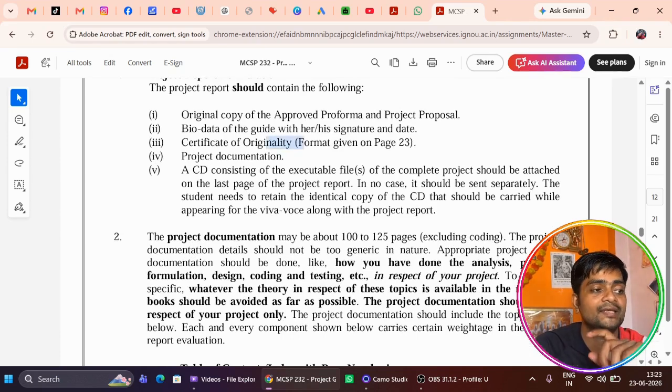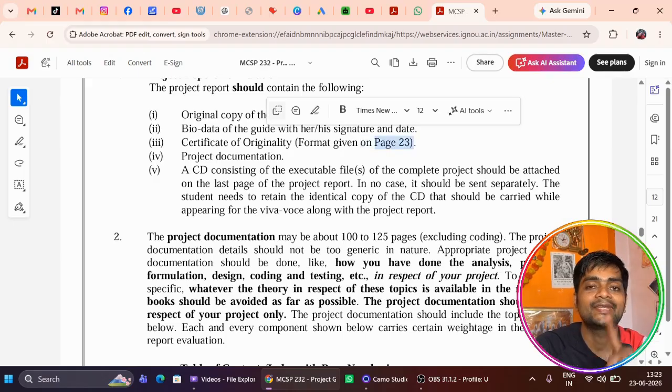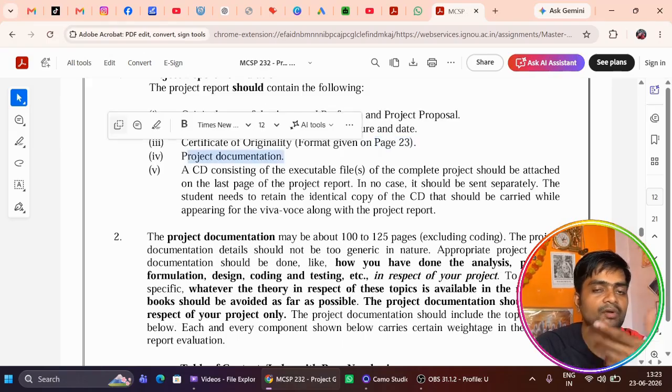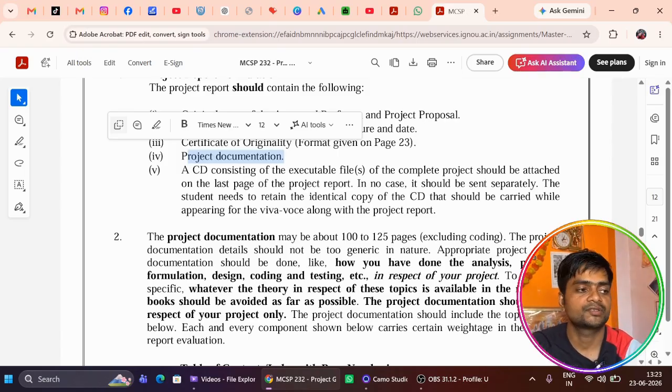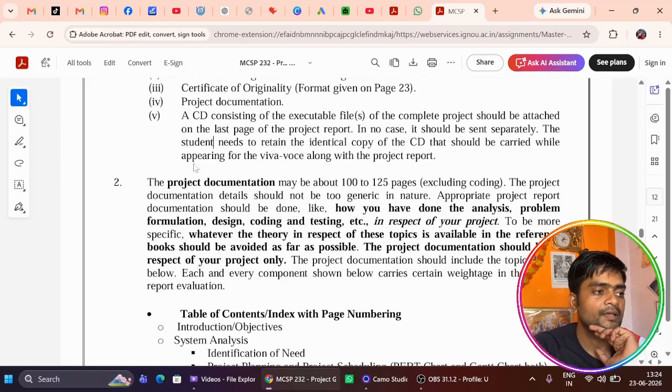Then the certificate of originality, this is an annexure you have to attach, and this is given on page number 23. I'm going to show you later in the video. And then project documentation, what documents are required, like your ID card, the biodata, the certificate of originality, everything, and other documents if required. You can ask your study center for that. It also talks about a CD consisting of the executable file.